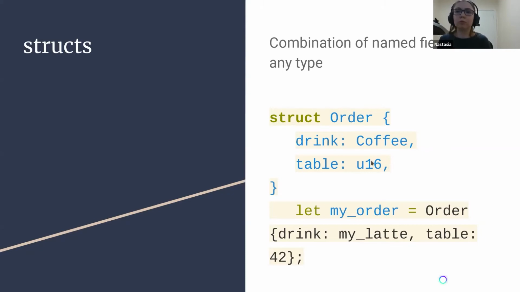And then I can use the primitive unsigned 16-bit integer data type as a second field. You can notice that when I'm creating the instance of the struct, I have to use the names of its fields to specify how to map the values that I'm providing. And I'm using the Latte that I've created previously, and I will show how it all executes together at the end of this presentation.